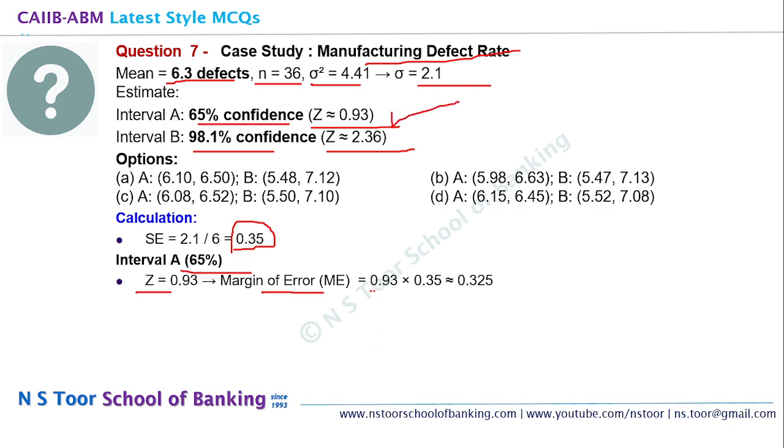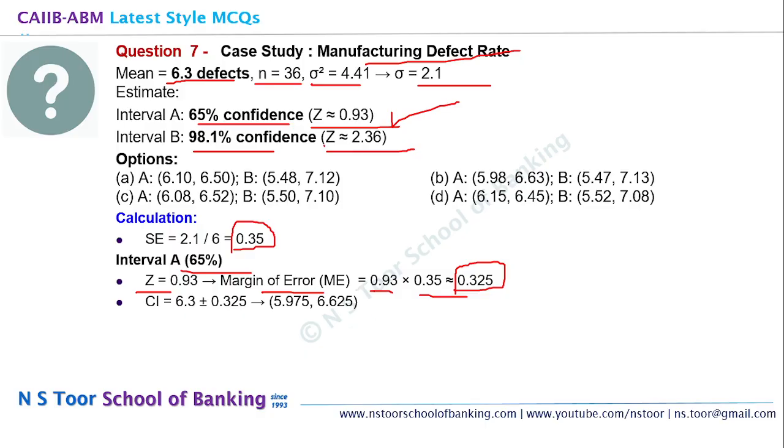So 0.93 into 0.35, my answer will be 0.325. Now I have to calculate the confidence interval at 65%.